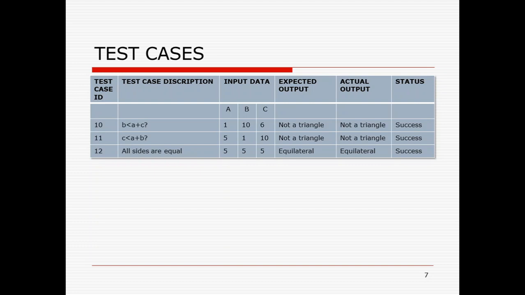There we'll write three different test cases to check whether the triangle is equilateral, isosceles, or scalene. We'll put different values there and check whether it executes properly, that is, whether it satisfies the conditions to be equilateral, isosceles, or scalene.